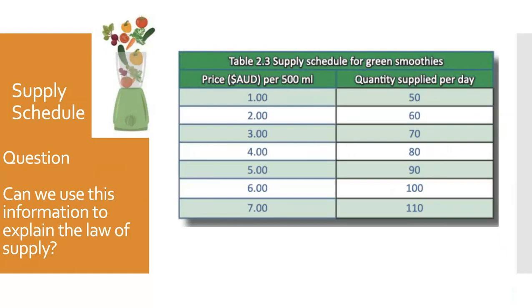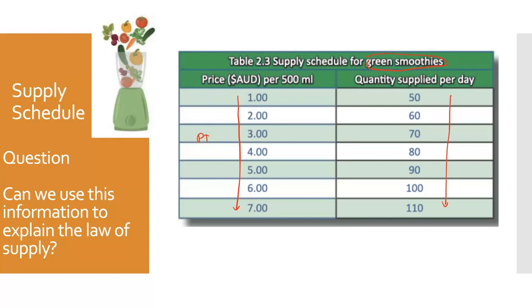So if we look at the same product that we were in the demand videos, green smoothies, you can start to see as the price goes up, the quantity supplied is also going to go up.